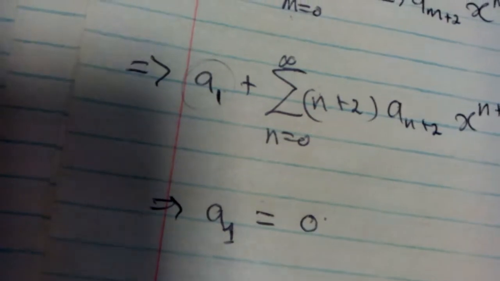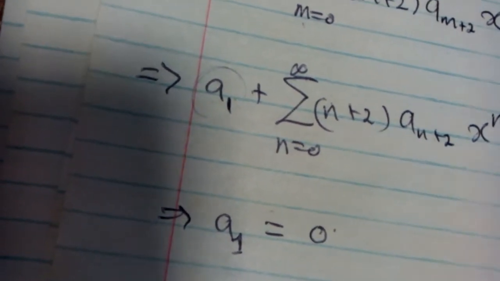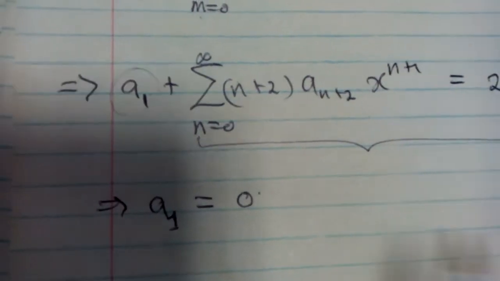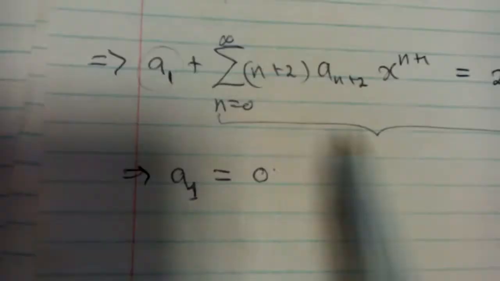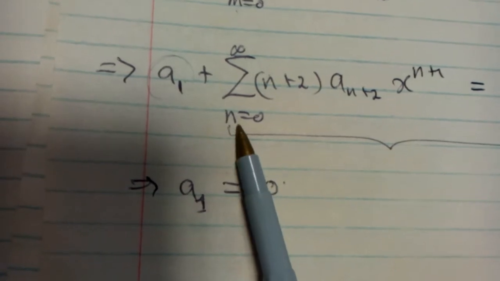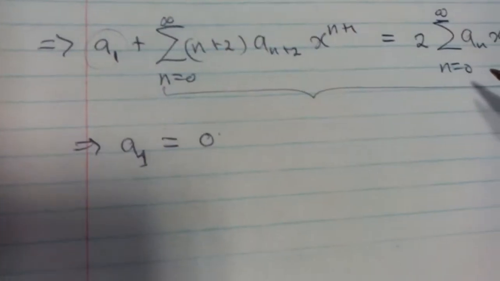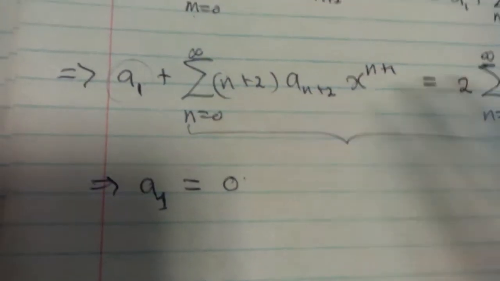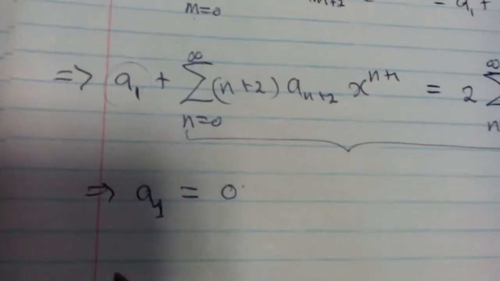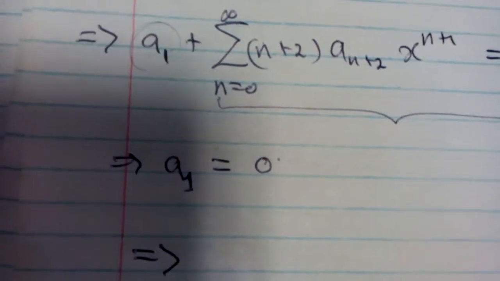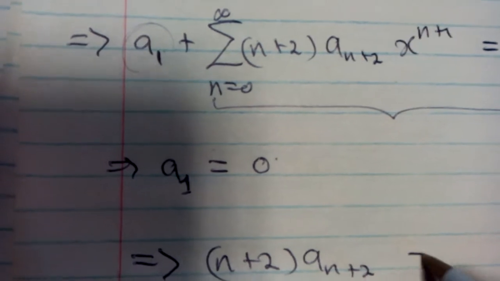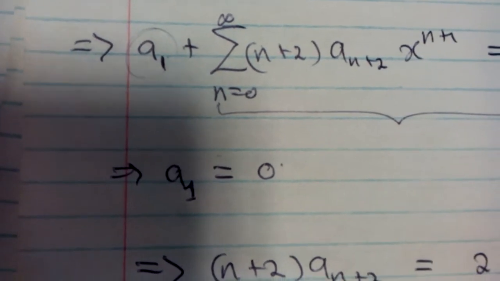And having done that, I can compare these two here, and since I'm summing from n equal to 0 to infinity, and this side I'm also summing from n equal to 0 to infinity with the same generic term, I can simply compare the coefficients. So this implies that (n plus 2) a(n plus 2) is equal to 2 a n.